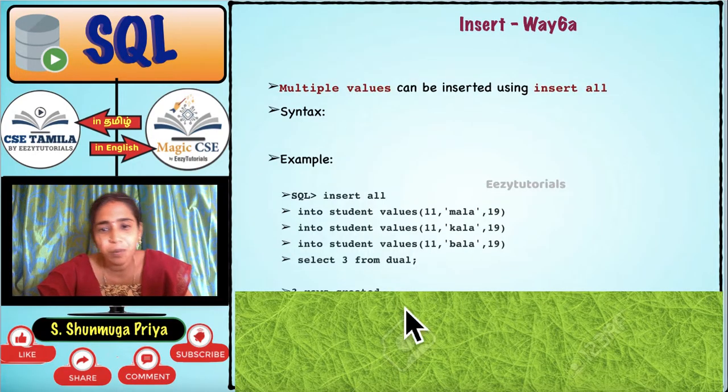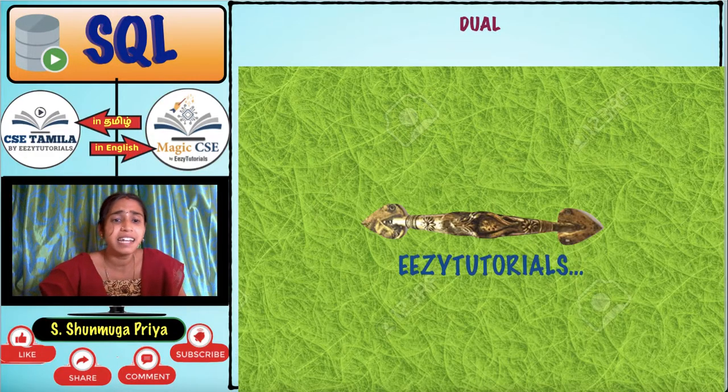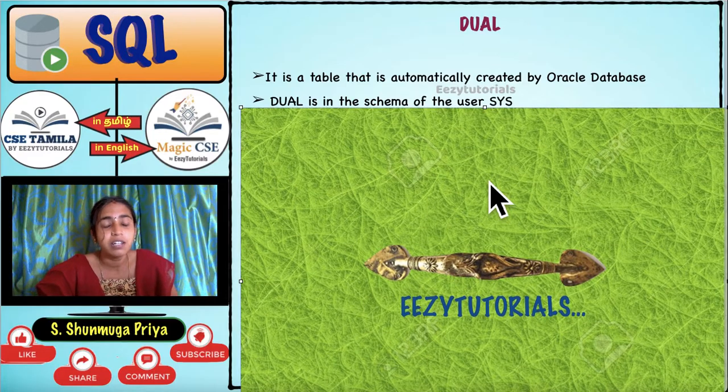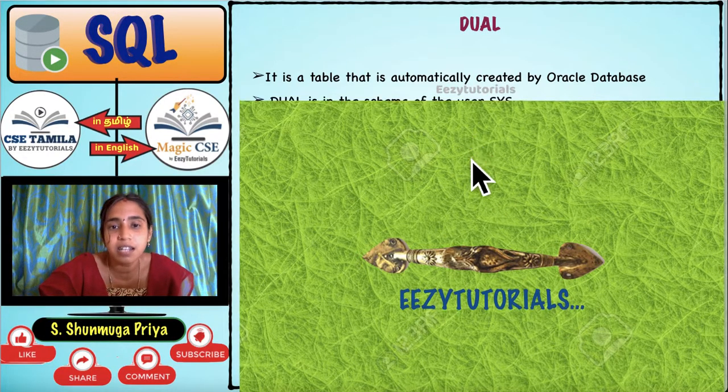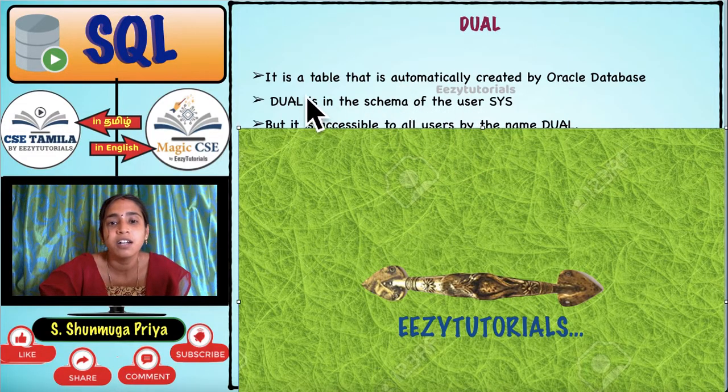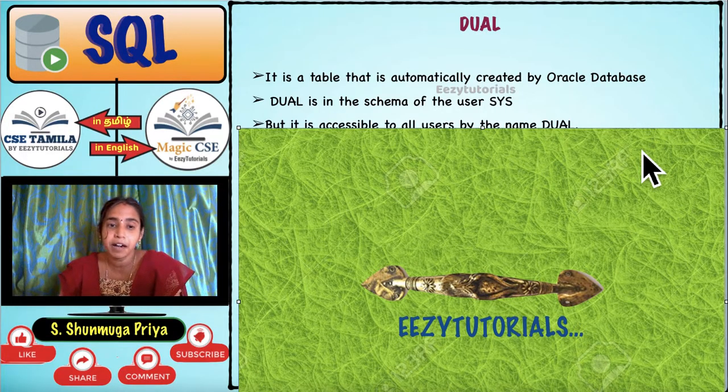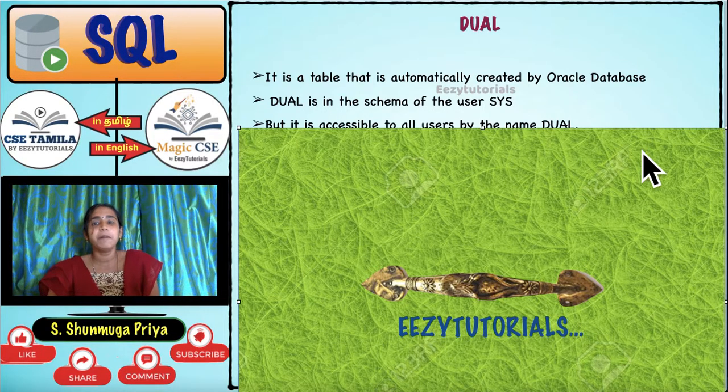You will be getting a doubt about what is meant by this dual. Dual is an inbuilt table which is created by Oracle. The default user for the original Oracle database server is sys, so sys is the user who owns this dual table. The dual table is automatically created by Oracle, and for internal handling of certain queries, this can be used. For many purposes, this will be used.